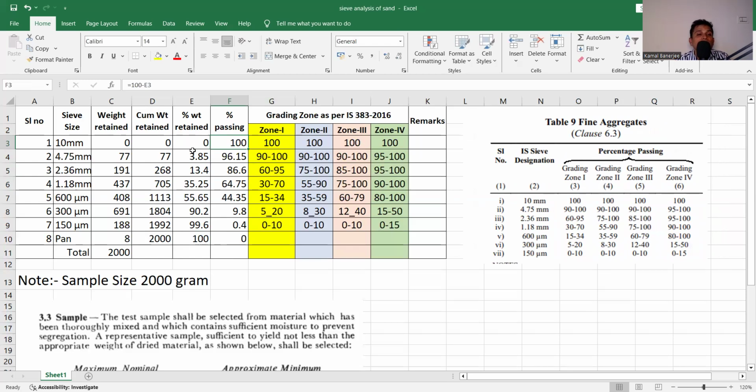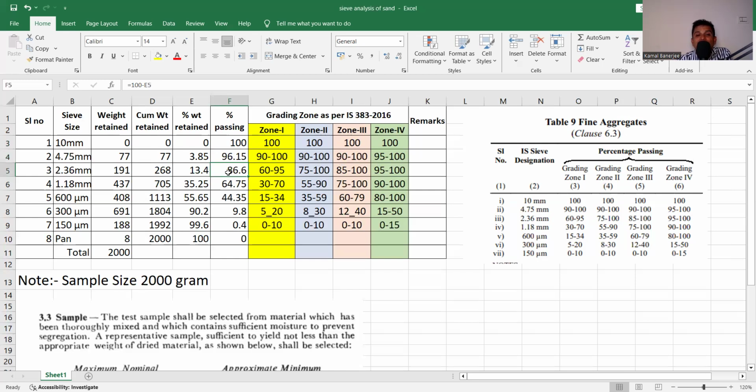So from 10 millimeter it can be zone 1, zone 2, zone 3, zone 4. Now it is 96.15 percent passing. So here the criteria are 90 to 100, 90 to 100, 90 to 100 and 95 to 100. So these criteria also say that it can be all four zones.